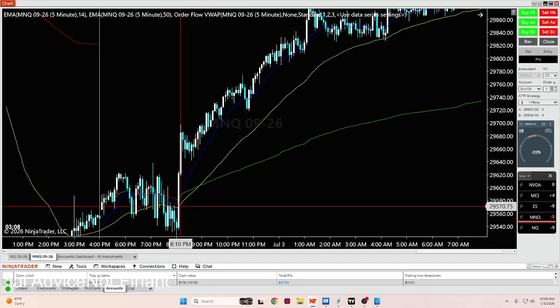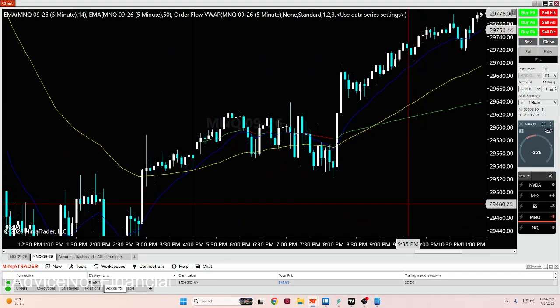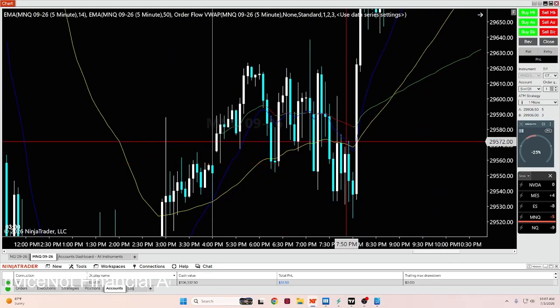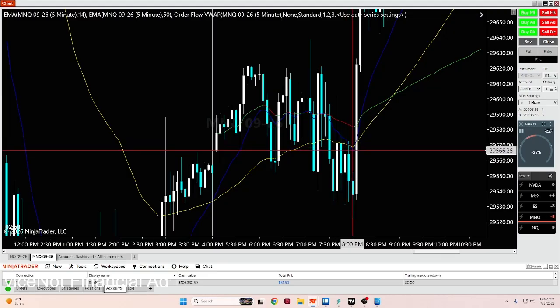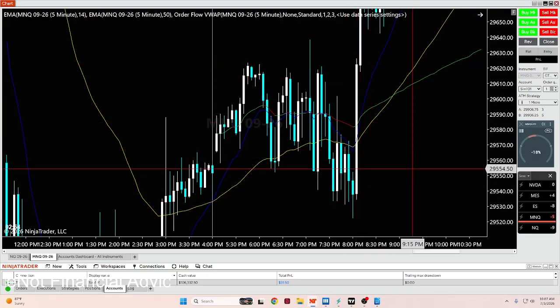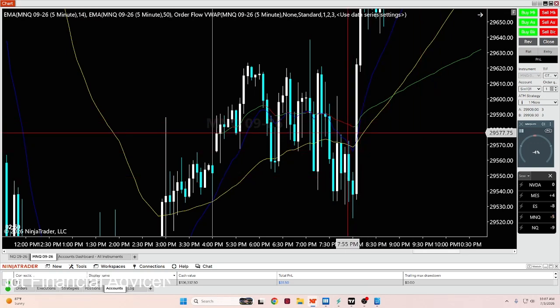It never did cross in this area. And I don't know if you can see it with how my chart is, but it crossed right there. It crossed, went down, and then we got this bullish candle pushing up, and that set the tone for the rest of the night and this morning.